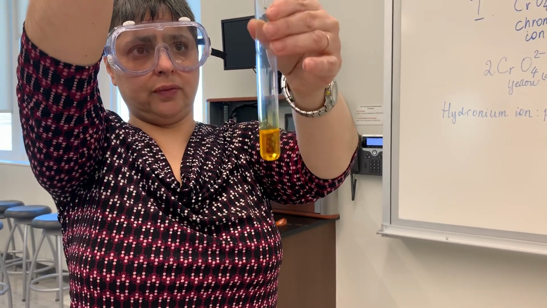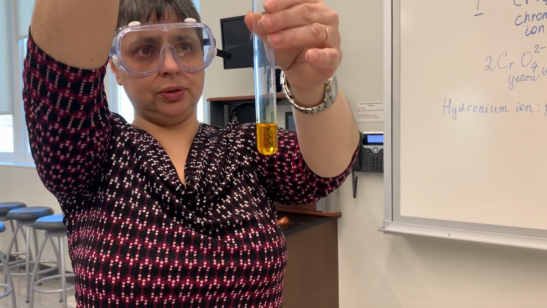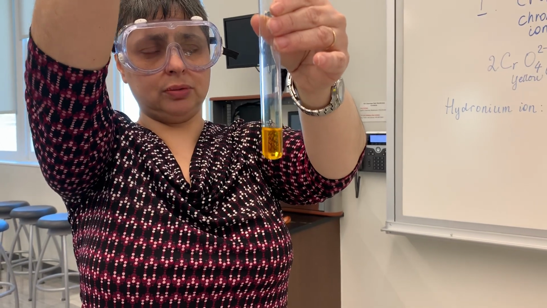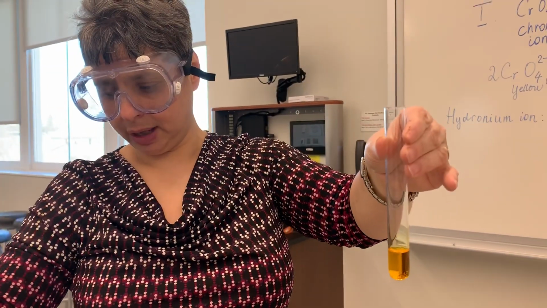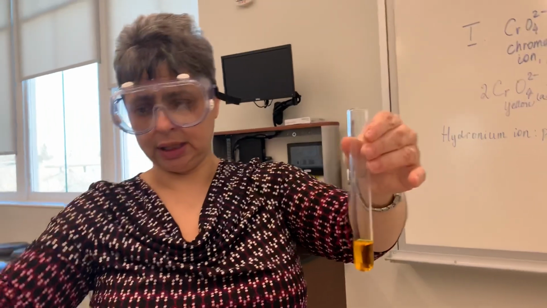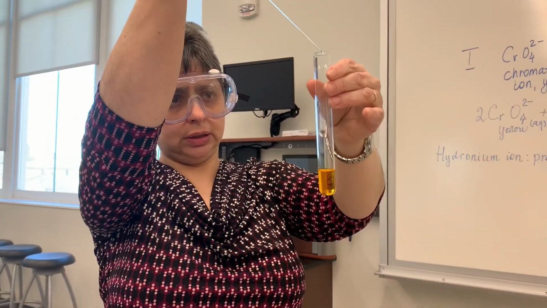So I have now added a total of about 6 drops of sodium hydroxide. My sodium hydroxide is less concentrated than my acid was, so it is taking a little bit more of it.